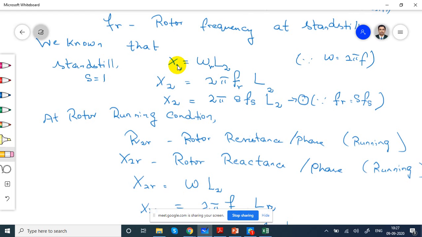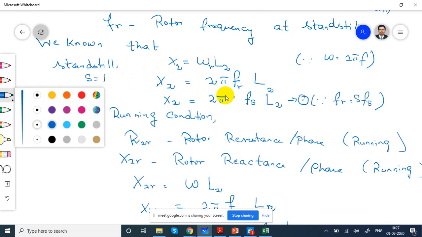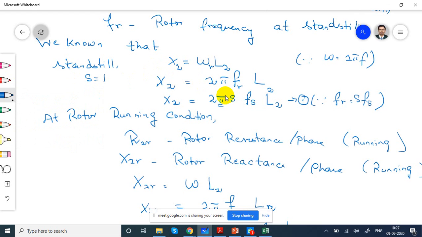So instead of S, you have to substitute 1 here, and you will get 2 pi into Fs into L2, which is equal to X2.